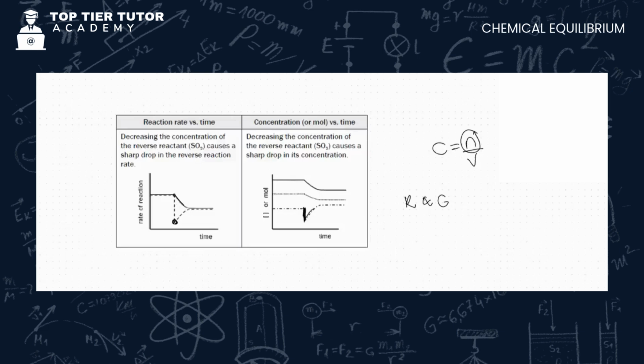And as it produces more sulfur trioxide, we will see an increase in the rate of reaction for our reverse reaction. Let's not forget that in this case, sulfur dioxide and oxygen are also going to be used, thus we see the decline in the number of moles and also in the concentration of those two. Let's go to the next change.